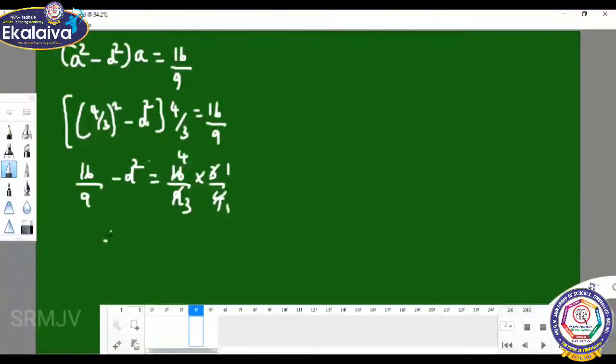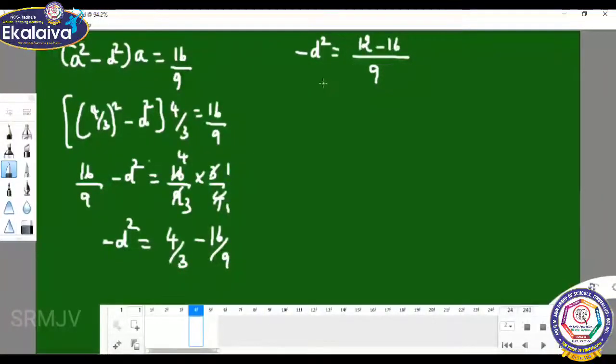Minus D square equal to 4 by 3 minus 16 by 9. So it gives minus D square equal to, take 9 as the LCM, 3 into 3, 12 minus 16.